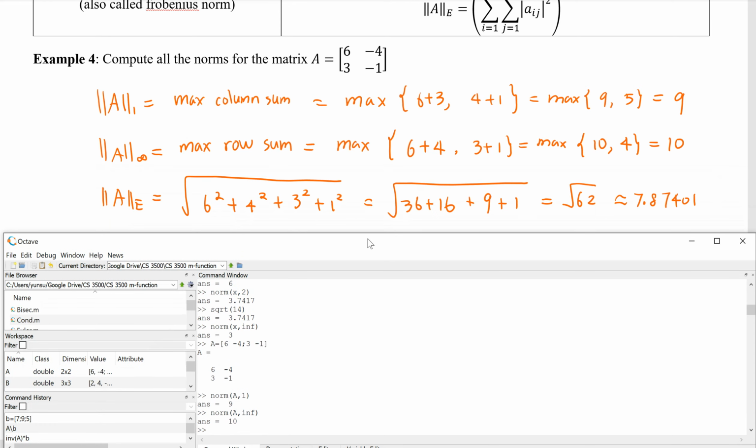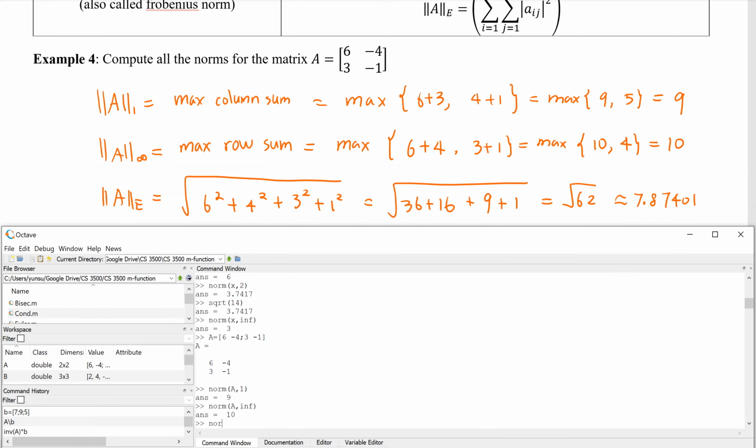Okay, how about the L2 norm? Sorry, this is the Euclidean norm, not the L2 norm. So we do Frobenius. Is it FRO or FROB? Okay, FRO, yes. So close it, enter. 7.8740.